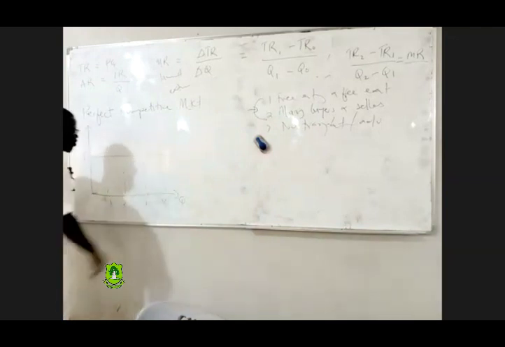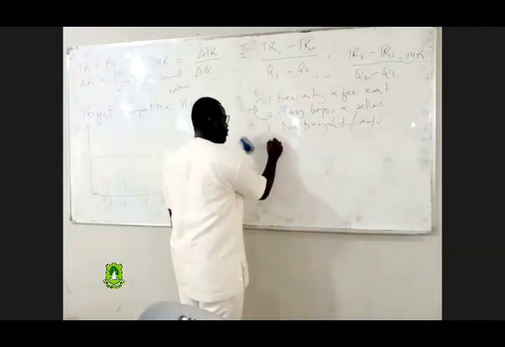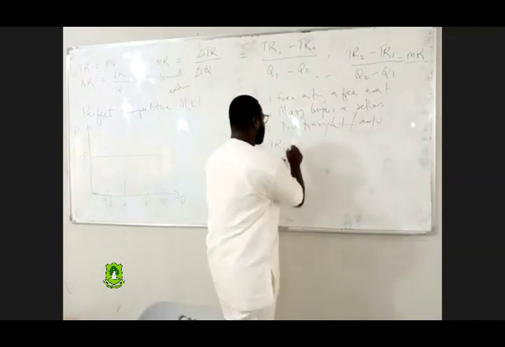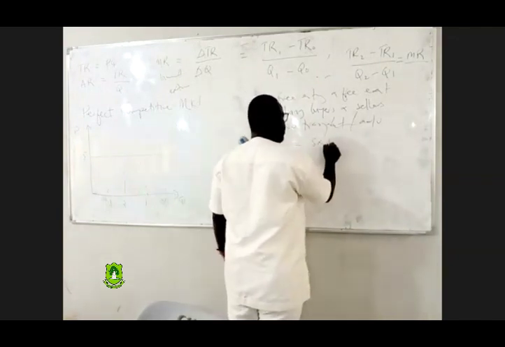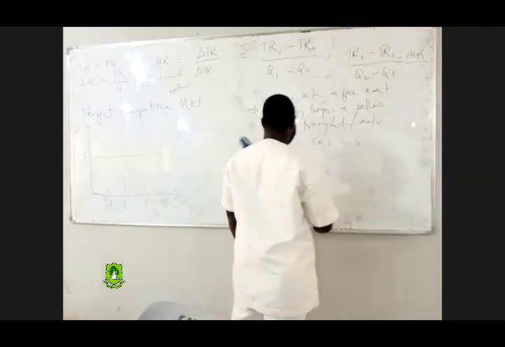So quantity 1, 2, 3, 4. Total revenue at quantity 1 will be 5 times 1, which will give us 5.